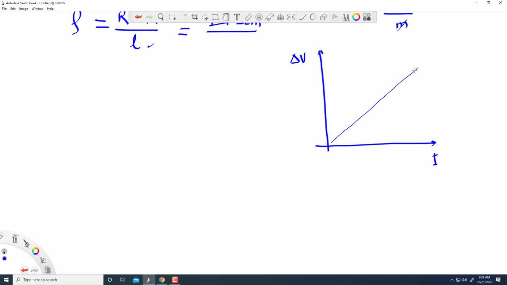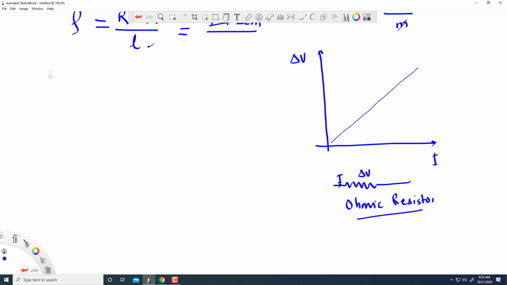Whenever it's linear, the resistor or the component that satisfies this kind of relationship is called an ohmic resistor. If delta V and current in the resistor satisfy this kind of linear trend, by increasing one, the other increases by the same proportion, that's an ohmic resistor.